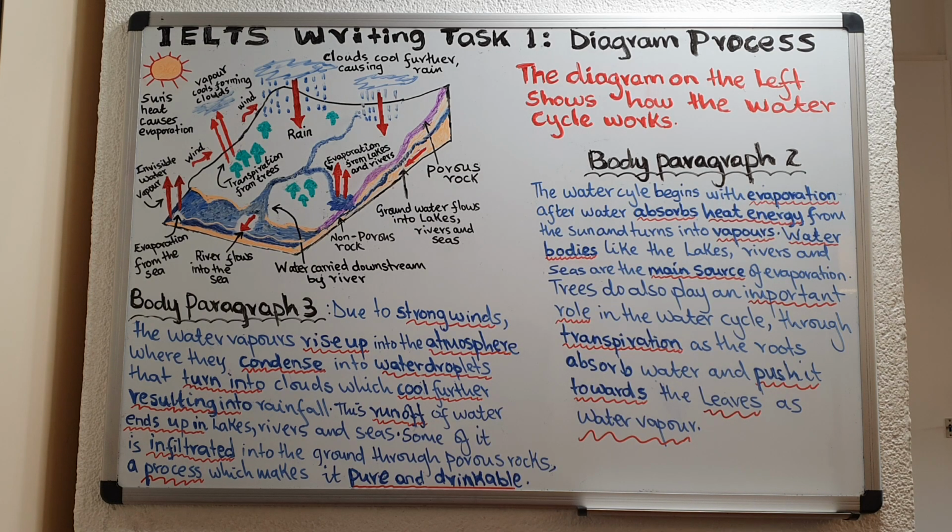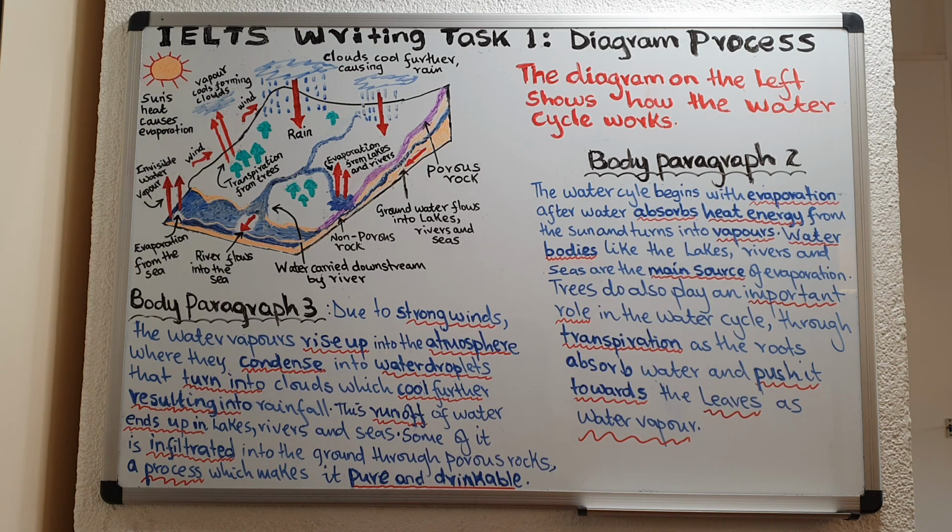Then we have transpiration, absorb water, push it towards the leaves, water vapor, strong winds, rise up into the atmosphere, condense, water droplets, turn into, cool further, resulting into rainfall, this runoff, ends up in lakes, is infiltrated, a process, pure and drinkable. You have all the vocabulary that you need to be able to describe this particular diagram.